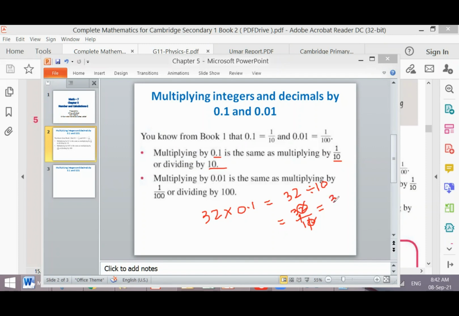So the answer will be 3.2. Or simply you can shift this point one decimal place to the left of this number. So it will be 3.2.